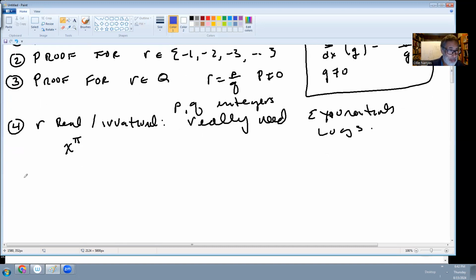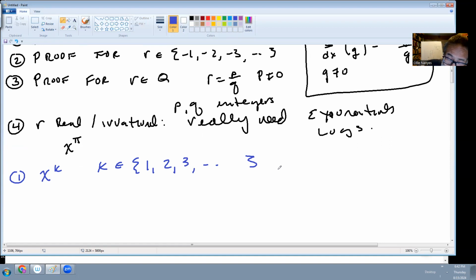I'll probably spend most of the time proving this for x to the k, where k is a positive integer. I know of two fairly quick ways of doing this.